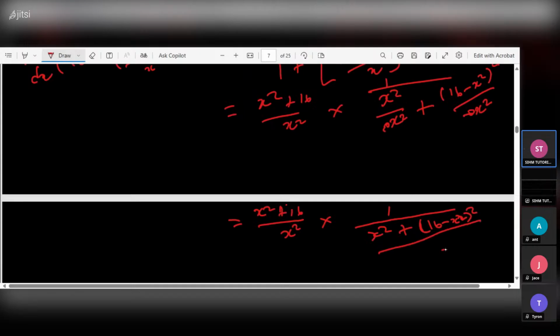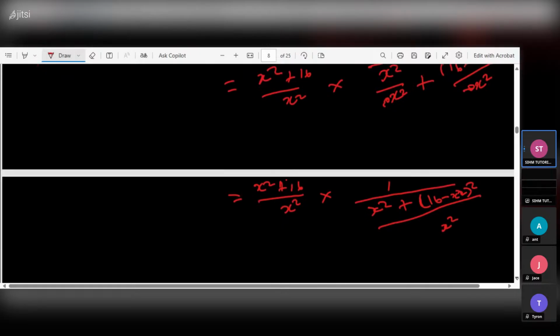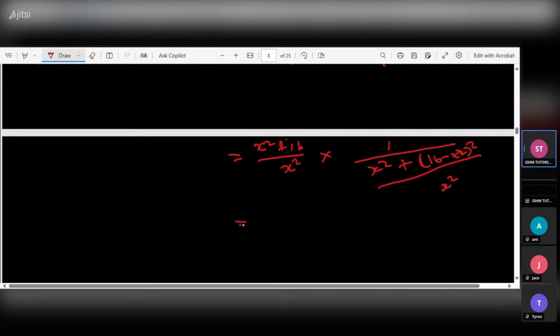This is the same as (x squared plus 16) divided by x squared times 1 divided by [x squared plus (16 minus x squared)] all squared. You can even put it the other way around: x squared plus 16 divided by x squared times x squared divided by, I'm going to put it this way, (16 minus x squared) all squared.